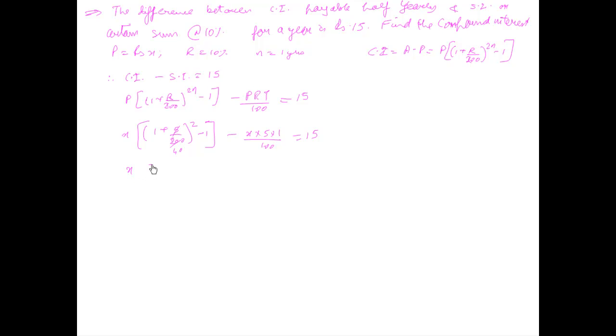So we get X (41 upon 40 squared minus 1) minus X by 20 is equal to 15. That's taking LCM children. 41 squared minus 1 squared, that's 1681 minus 1 upon 1600.